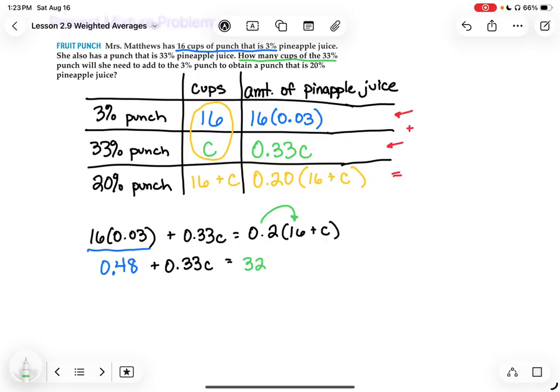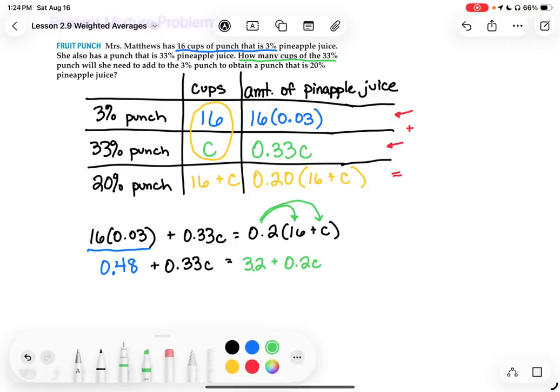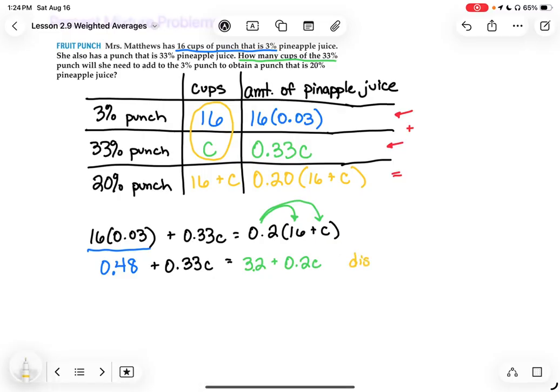And then we move the decimal over once, so 3.2. And then we do 0.2 times C, which of course is just 0.2C with a plus sign in the middle. All right. So now we've got, after doing the distributive property, variables on both sides of the equation.